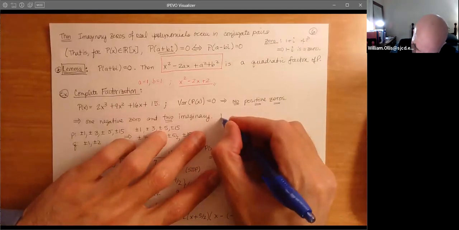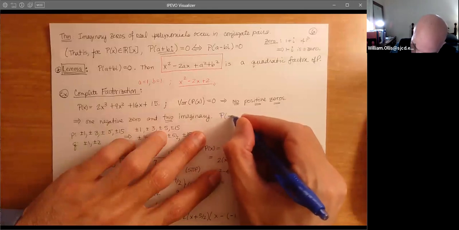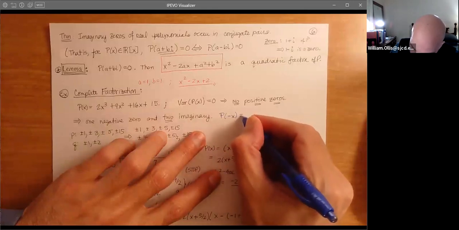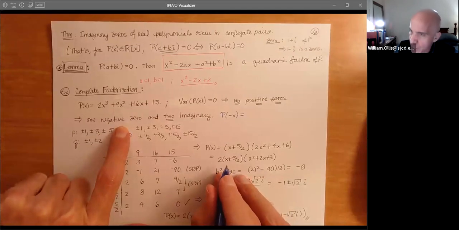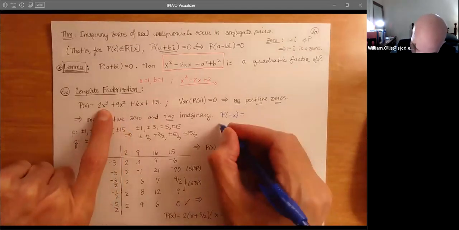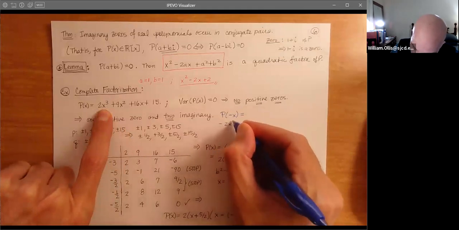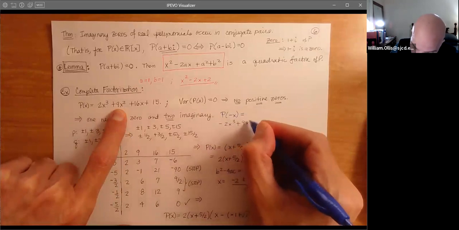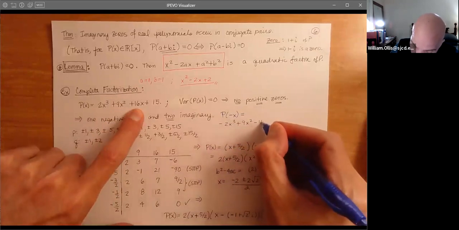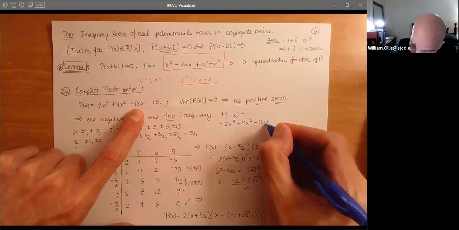Let's do P of -x. So I've got this here thinking, well, that's something we need to think about, but let's just see what Descartes says. Okay, so this will be a -2x cubed plus 9x squared minus 16x plus 15. Let me stick the x in there.